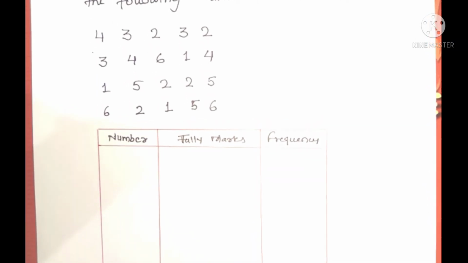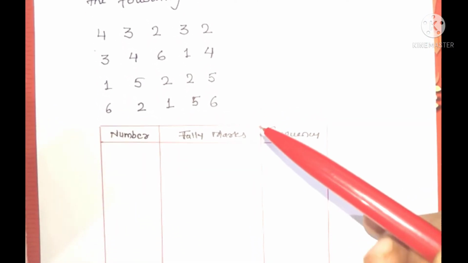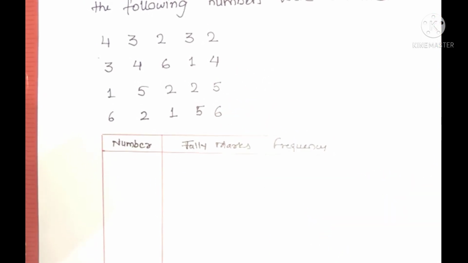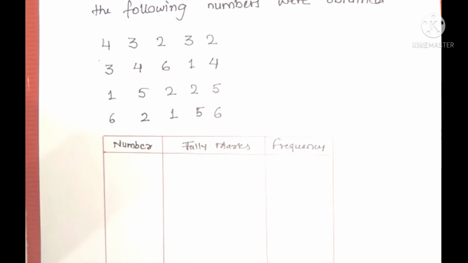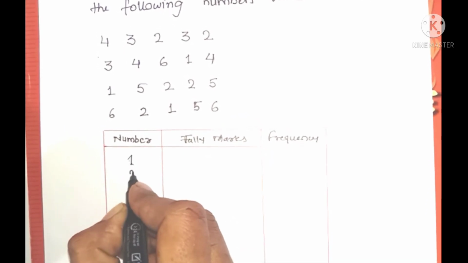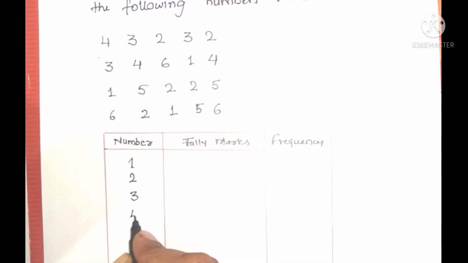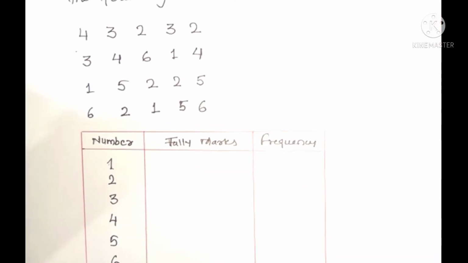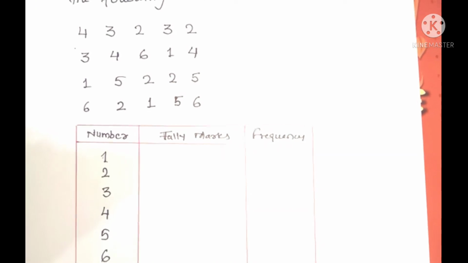We can see that the minimum range, or we can say the smallest number, is 1, and the maximum range, or the highest number, is 6. So we will write down the numbers accordingly. And we will find out the frequency of the number.